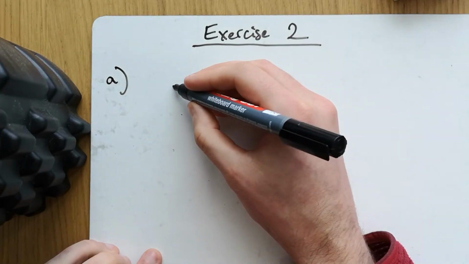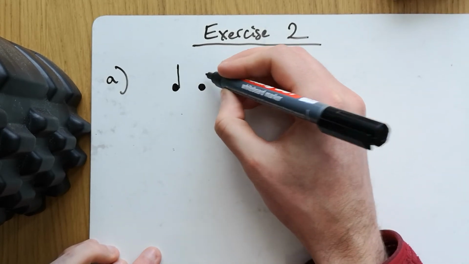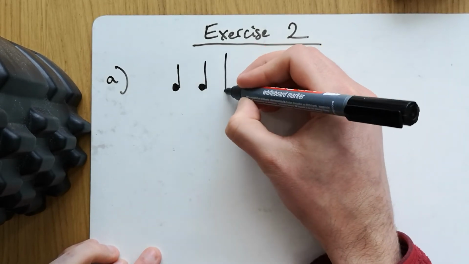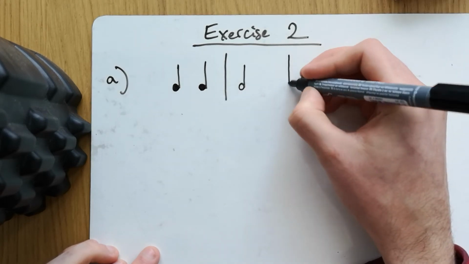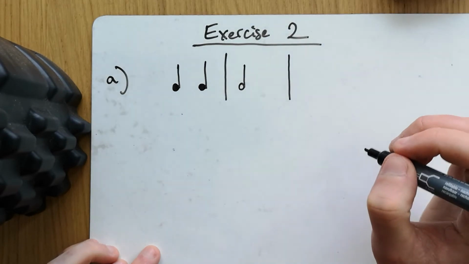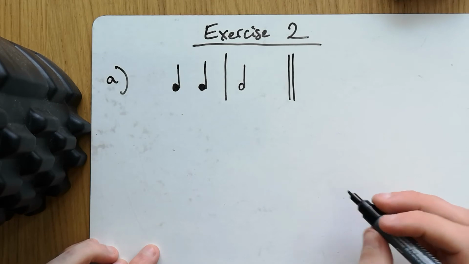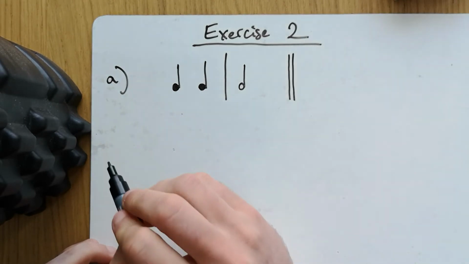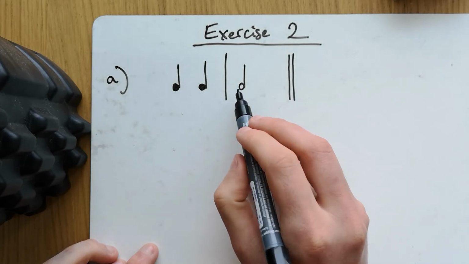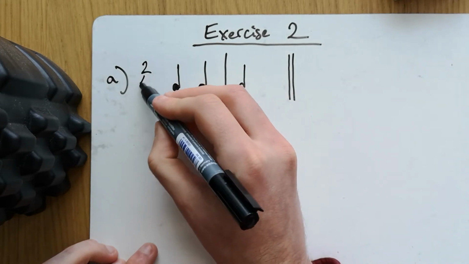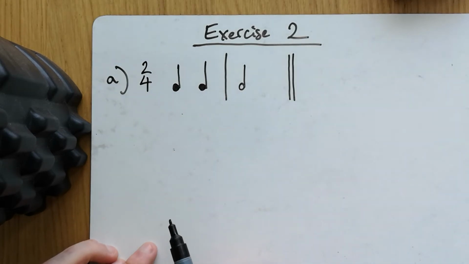So here is, for example, 2 crotchets, followed by a bar line, and a minim, followed by another bar line. Okay, if it's the last bar line, it's usually a double bar line like that. And I want you to write in what's the time signature here. So because we've got 2 crotchets followed by a minim in a separate bar, I know that is 2/4, because we've got 2 measures of 2 beats in a bar.